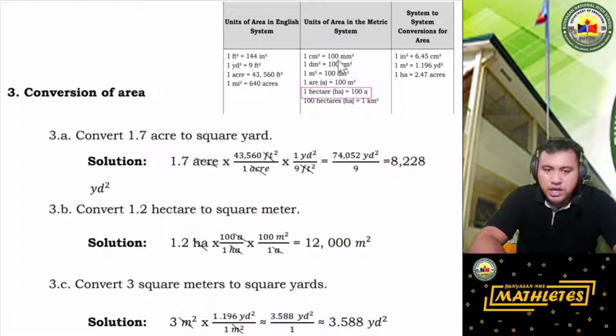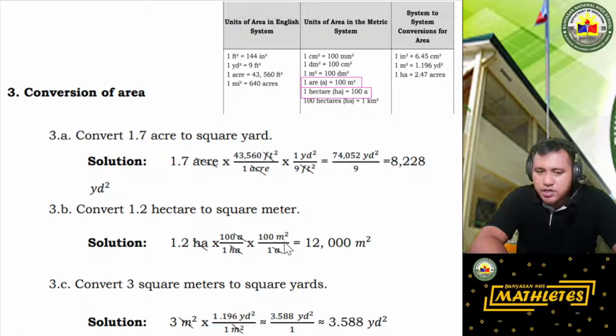Okay, we have 1 hectare is equal to 100 A. So we have A is equal to 100 meters squared. That one R. Okay. We have 1.2 hectare. Upang makancel si hectare, kailangan nasa baba si hectare. Conversion factor natin is 1 hectare is equivalent to 100 R. So, then, upang makuha si R, kailangan magkaroon tayo ng isang conversion factor na merong R at saka square meter.